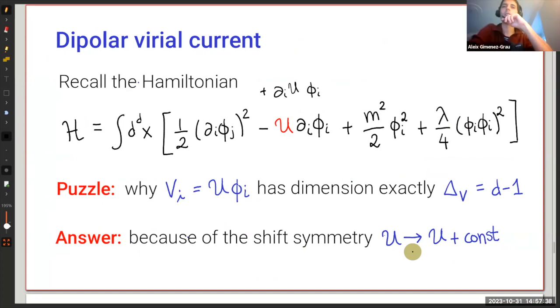So in the other examples that you found in the literature, is this shift symmetry related to something more directly physical, or is it often something like a Lagrange multiplier? In fact, it can come from several different sources.